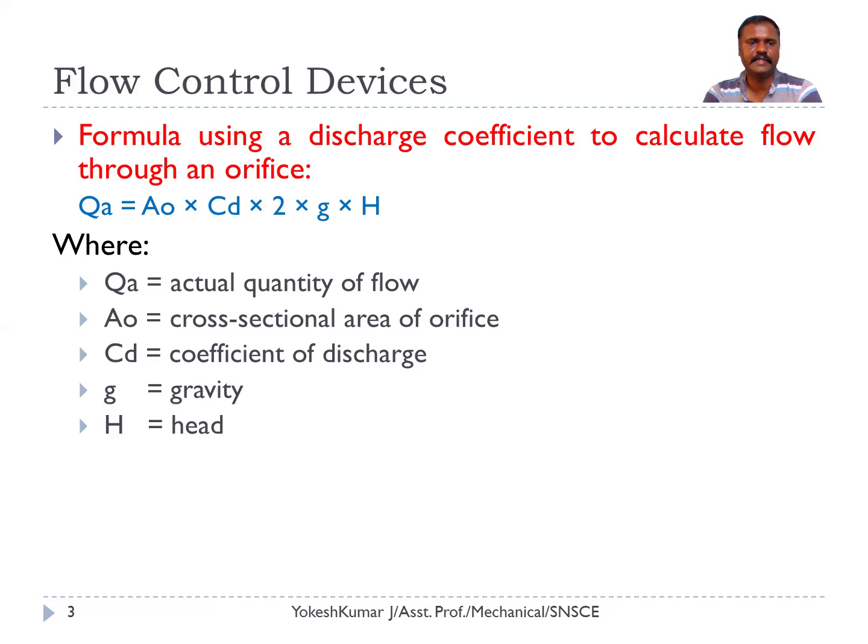By combining this, we have a formula QA is equal to A naught into CD into square root of 2 G H, where QA is the actual quantity of flow and A naught is the cross-sectional area of the orifice and CD is the coefficient of discharge, where G is the acceleration due to gravity, that is 9.81 meter per second square. And H is the pressure head.